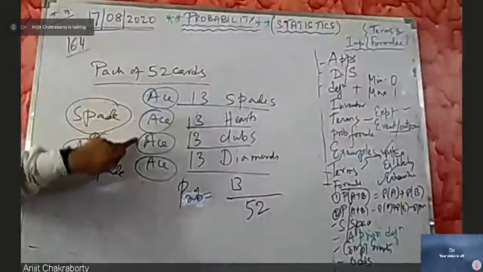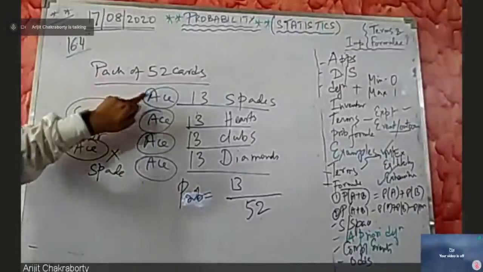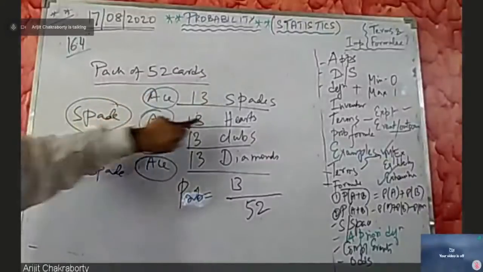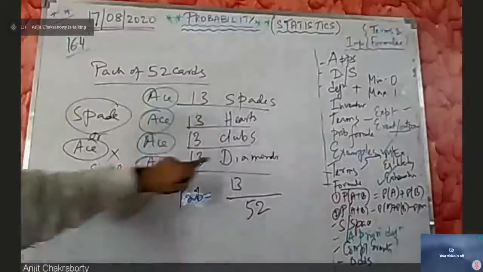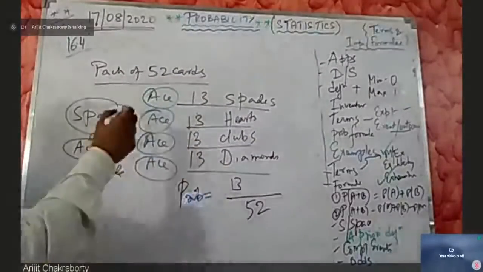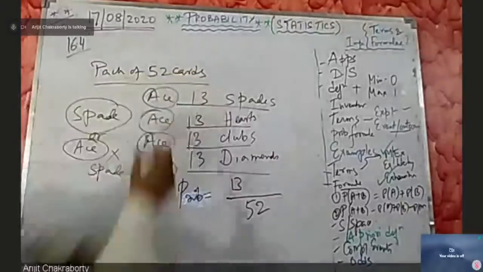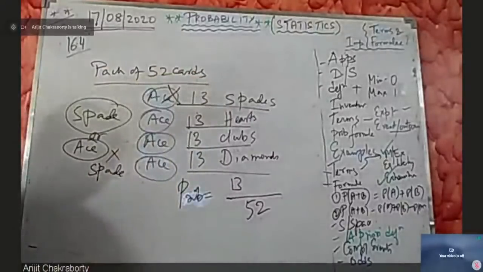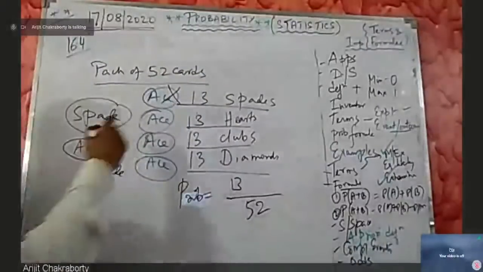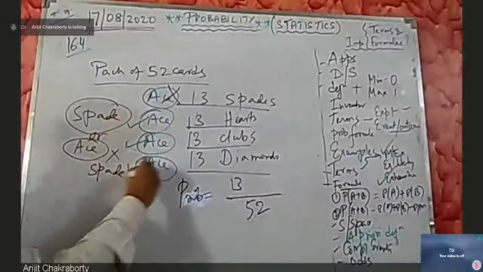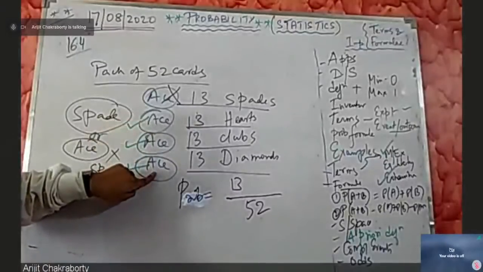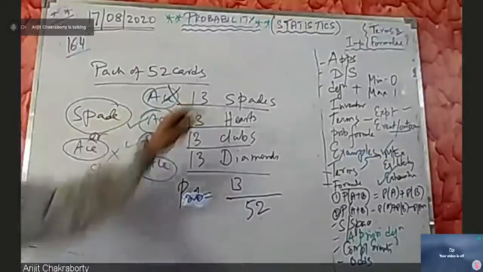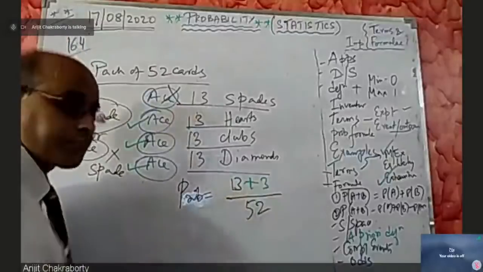Here you see there are 4 aces. Ace 1 for 13 spades, ace 2 for 13 hearts, ace 3 for 13 clubs, and you have ace 4 for 13 diamonds. But I cannot pick an ace from the spade, so this is not allowed. Which means I can pick either this ace or this ace or this ace. So I have 3 opportunities. Plus this 13. So it is 13 plus 3.